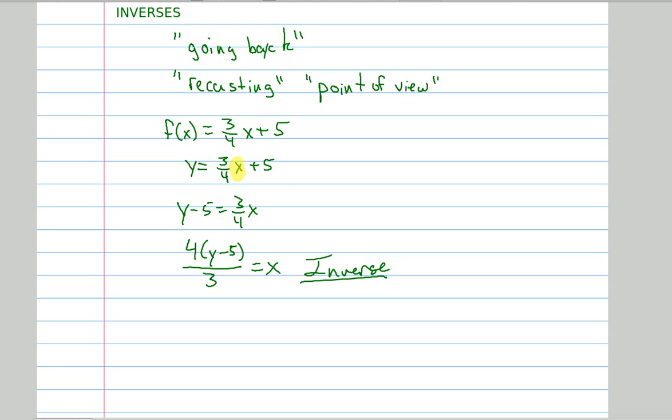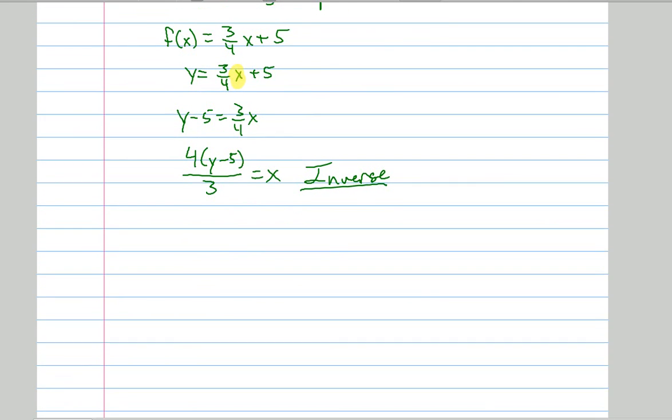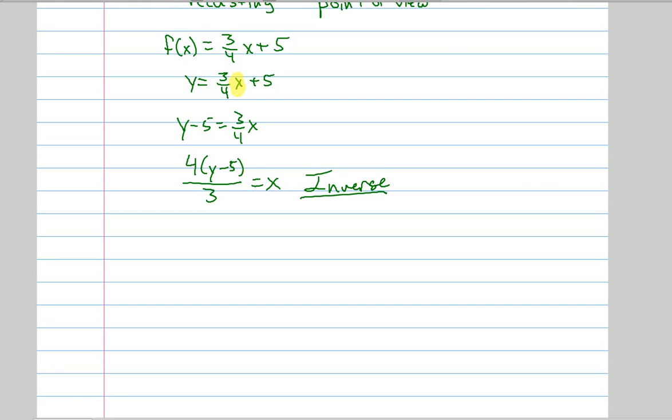Now, of course it's mathematics, so we have to have a special way to write this. The way we write the inverse of a function is with an exponent of -1. Some of you will remember that when you see things like 5 to the -1, you're thinking of 1/5.